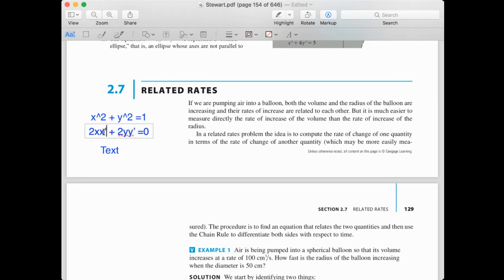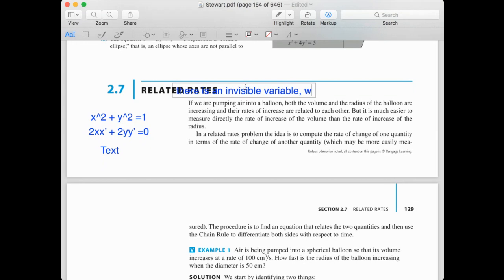Maybe I attach x prime. I have to mention one thing: in related rates there is an invisible variable.